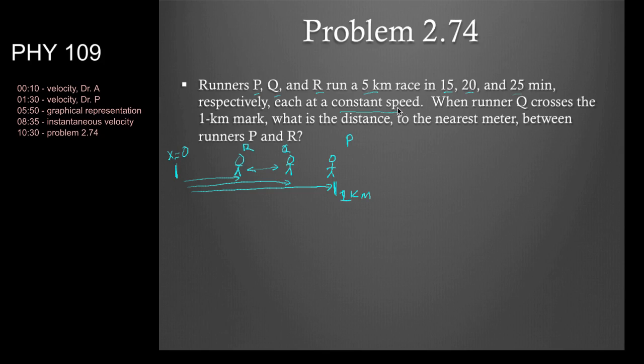One is that each of them is running at a constant speed, and we can actually figure out each of their speeds. So let's work out VP. This is going to be 5K, they run 5K in 15 minutes. And so this is going to give me 1/3 kilometers per minute, just to simplify this down. And we can do the same for Q. He's going to be 5K in 20 minutes, and so that's going to give me 1/4.